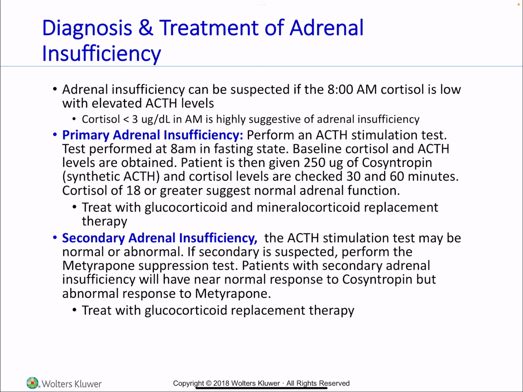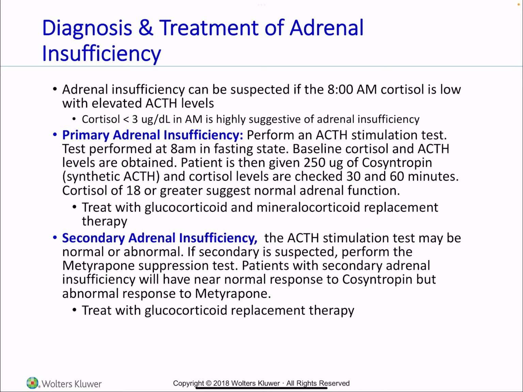If this does happen, the treatment for primary adrenal insufficiency is usually glucocorticoid and mineralocorticoid replacement therapy. For secondary adrenal insufficiency, the ACTH stimulation test may be normal or abnormal, but if secondary adrenal insufficiency is suspected, you want to perform the metyrapone test or the metyrapone suppression test.